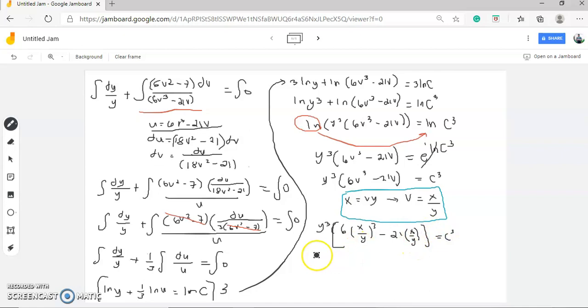After that, you have y cube times 6 x cube over y cube minus 21x over y equals c cube. After that, we simplify it further by multiplying it by y cube.